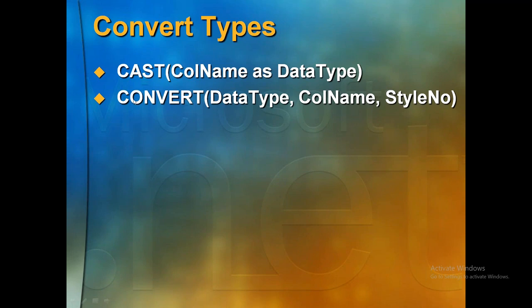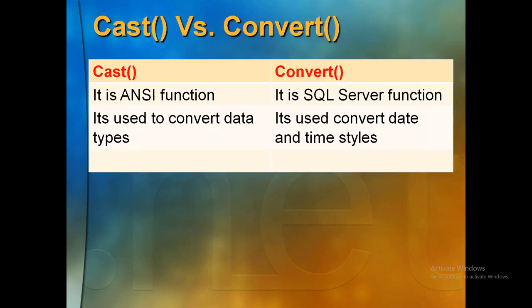Cast is used to convert data from one data type into another. The difference between cast and convert: cast is an ANSI function, while convert is a SQL Server function. ANSI means American National Standard Institution.